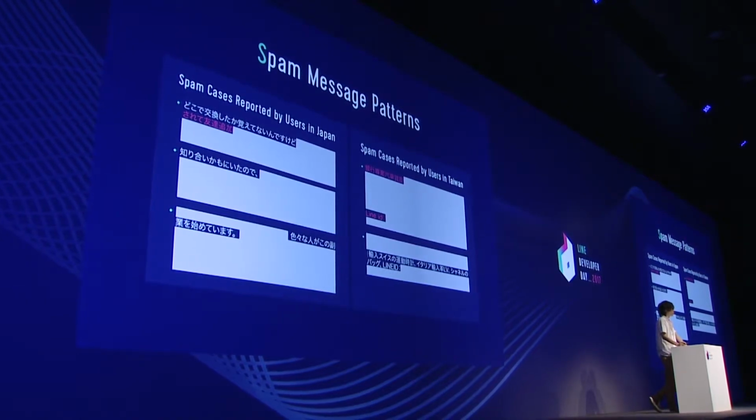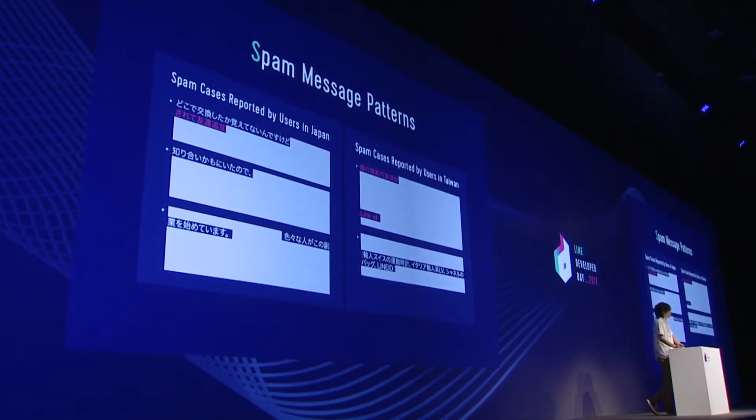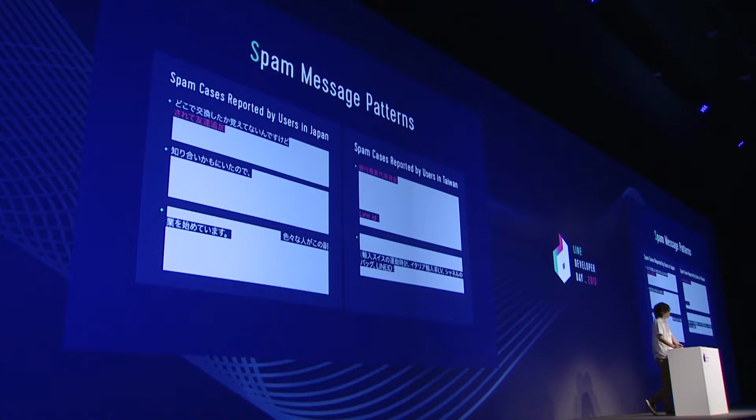On the other hand, in Taiwan, most of them are advertising of products and services, or advertising for copied brands or financial services, where they're trying to entice users to sign up.